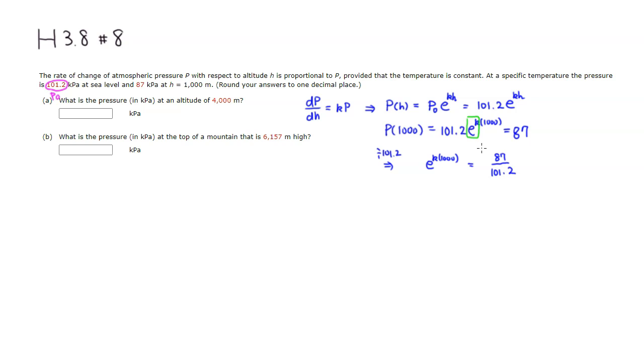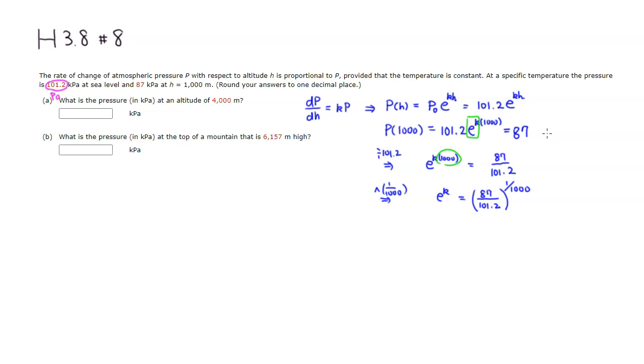Then to get rid of the 1000th power, we raise it to its reciprocal, 1 over 1000. That way you have e to the k left over: 87 over 101.2, raised to the 1 over 1000.